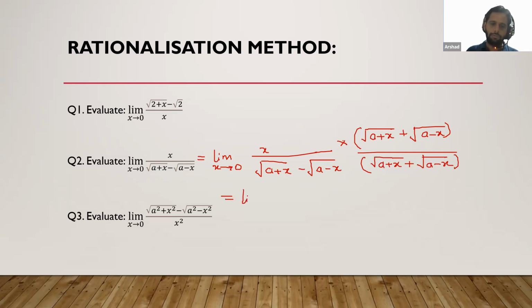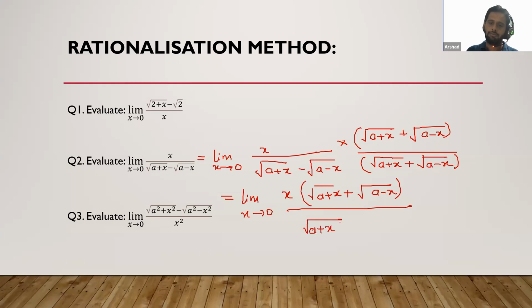This is equal to limit x tends to 0, x into under root a plus x plus under root a minus x by under root a plus x whole square minus under root a minus x whole square.